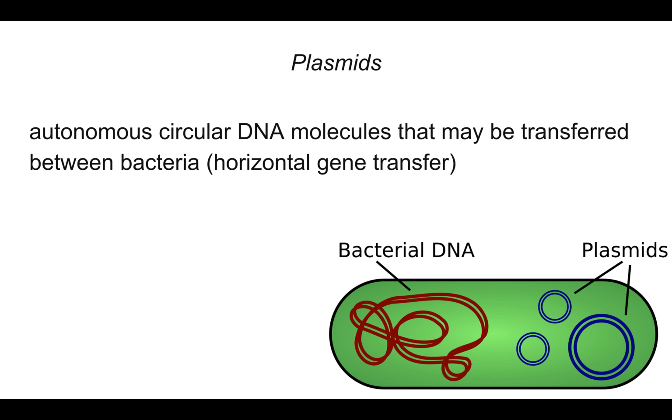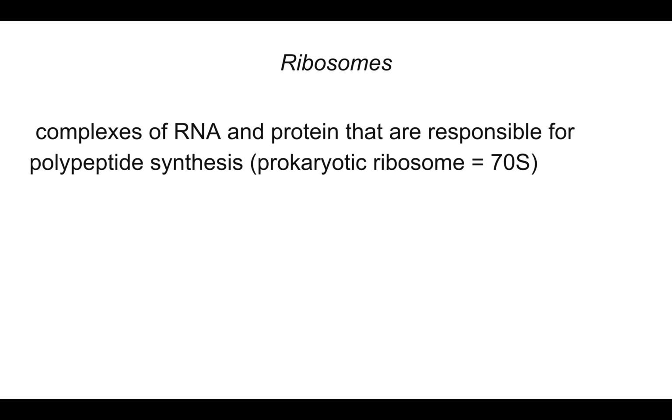Okay, plasmid. These are circular DNA molecules that may be transferred between bacteria. This is how bacteria create offspring with another bacteria that is genetically different from one another. Okay, so ribosomes. This is a complex of RNA and protein that is responsible for polypeptide synthesis.